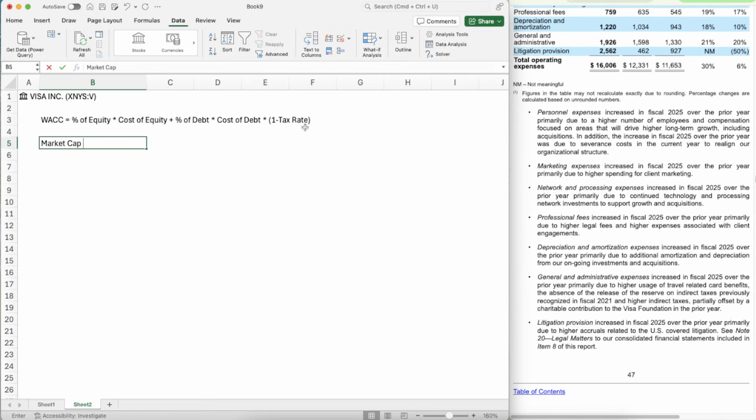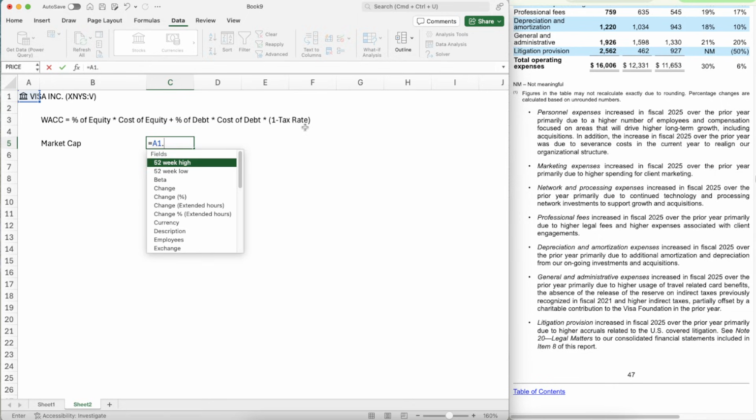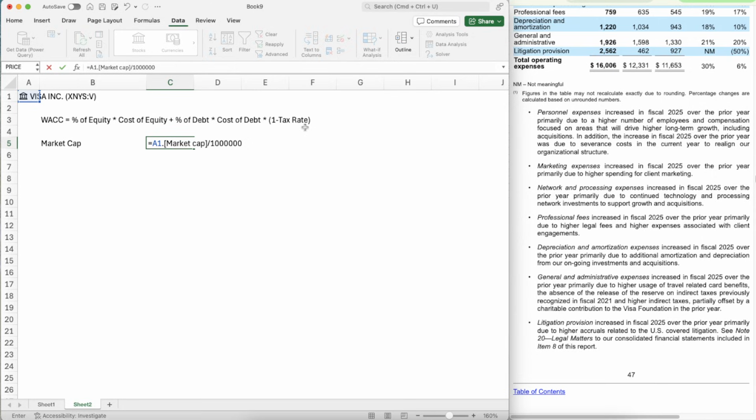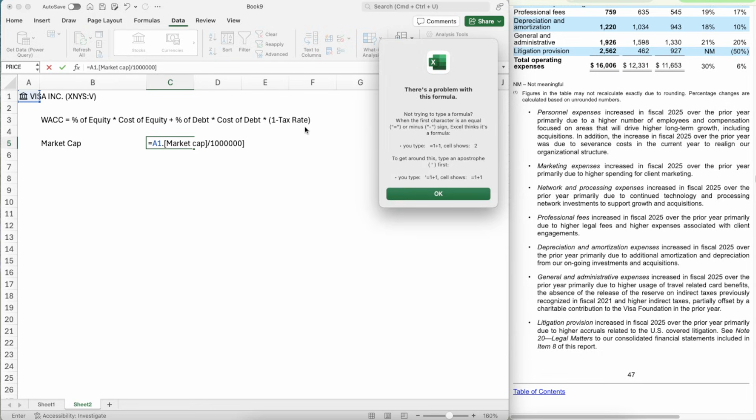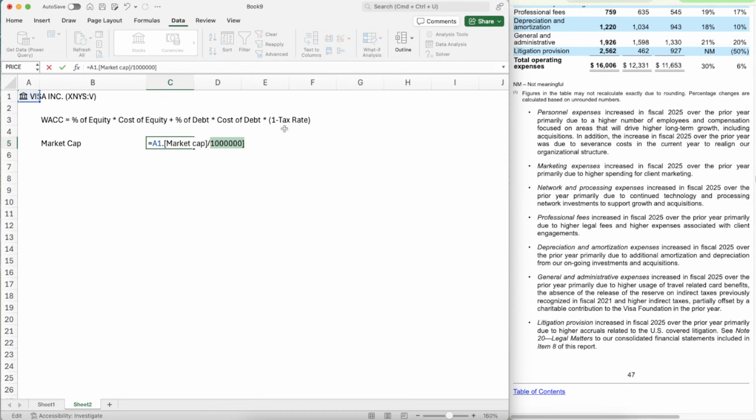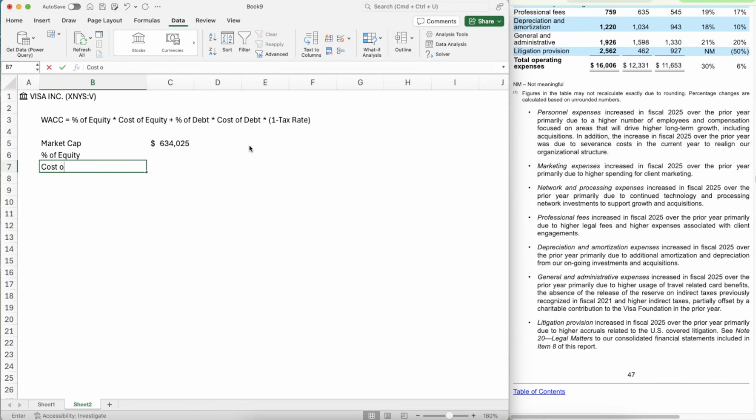The first one is the market cap. We know that easily. We go A1, open your brackets, market cap. Make sure to divide this by 1 million, otherwise it will make the cells go really large. Sorry, doesn't have that. There we have it. The next line is the percentage of equity, which we can't calculate yet.